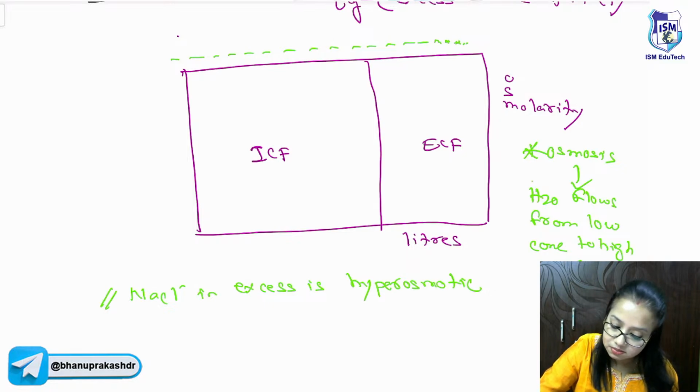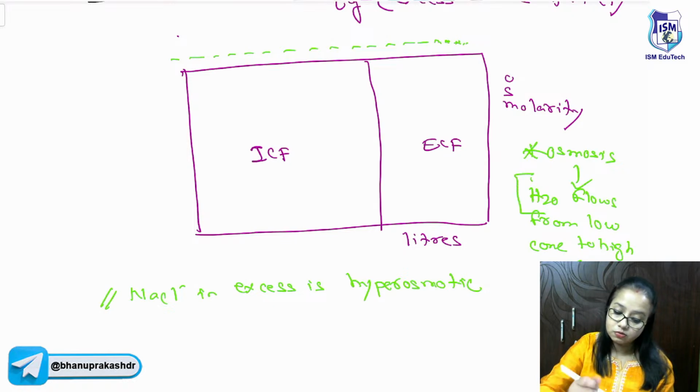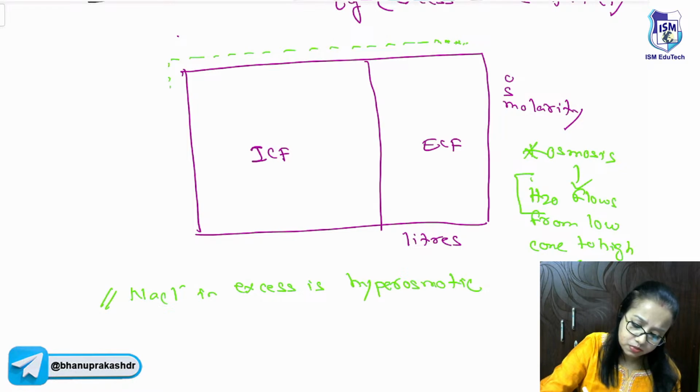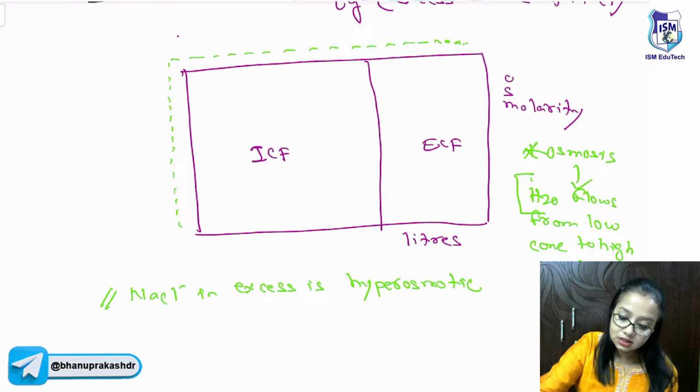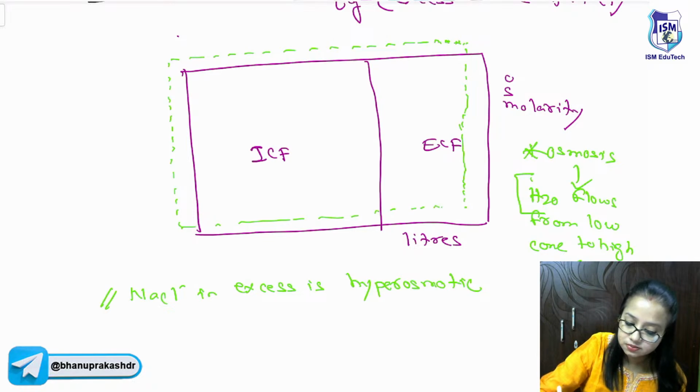This is the meaning of osmosis. Following the law of osmosis, there will be movement of water from ICF to ECF, and because the water is moving, eventually the osmolarity of the ICF will also increase.